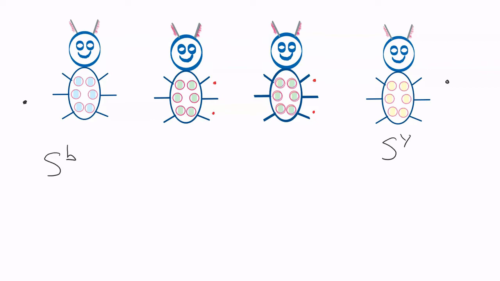So the genotype of our homozygous blue will be SB, SB, and of our yellow will be S superscript Y, S superscript Y.